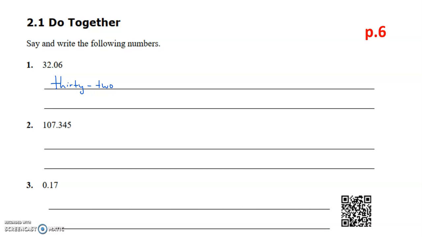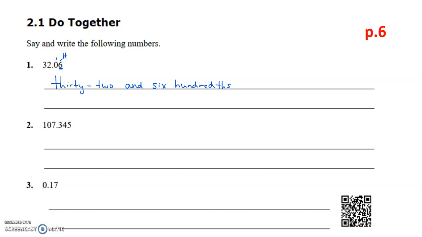The decimal becomes the word and then we have 6, and we need to say the position of the 6. The first position is the tenths, the second position is the hundredths. So 32 and 6 hundredths. Remember, we need to use that THS on the end so that we know it's the decimal.